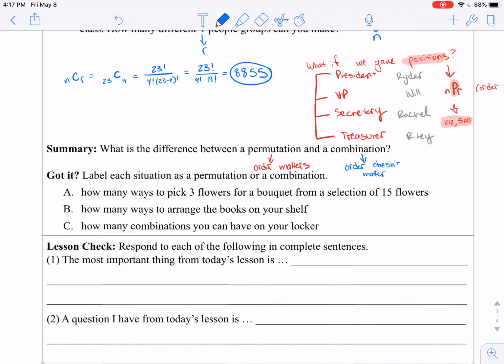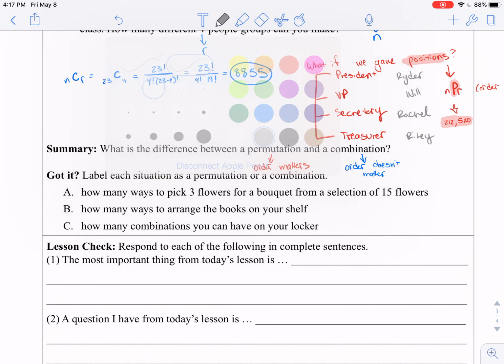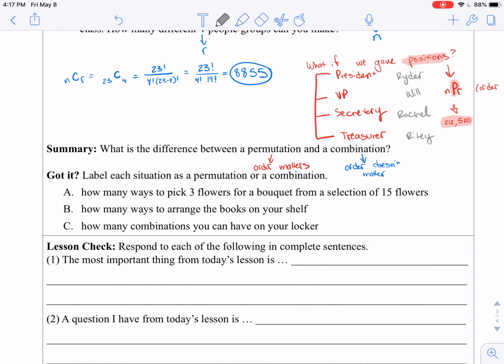Keeping those in mind, I have 3 situations for you. Determine whether we're going to want to use a permutation or a combination. For the first one, if you want to figure out how many different ways you can pick 3 flowers to put in a bouquet from a selection of 15 flowers, would that be a combination or a permutation?